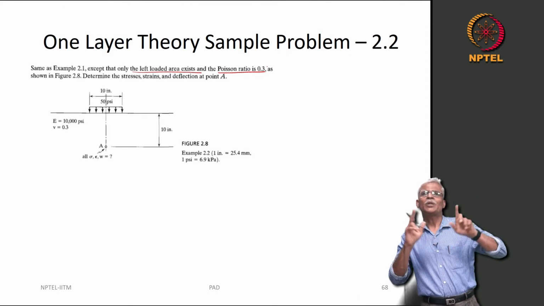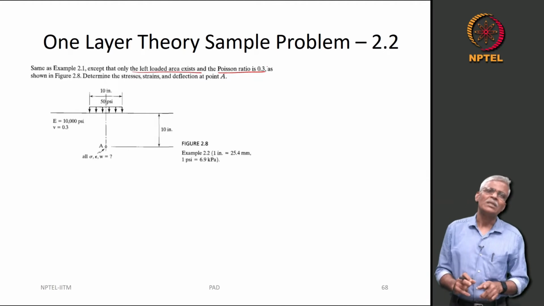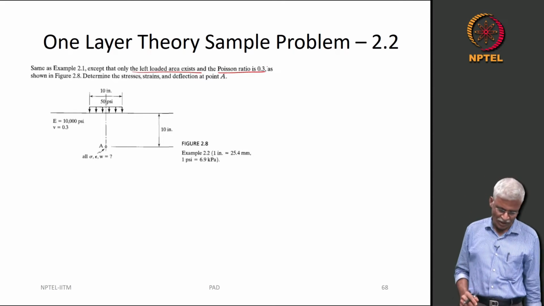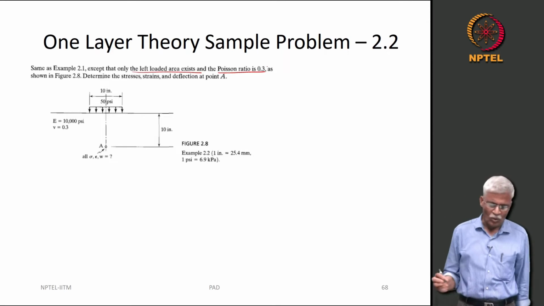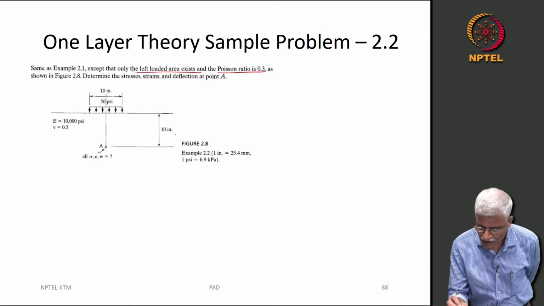That is why you are able to put them together in this nice chart form. Since Poisson's ratio is not equal to 0.5, you need to solve the whole thing. So, let us start writing this.